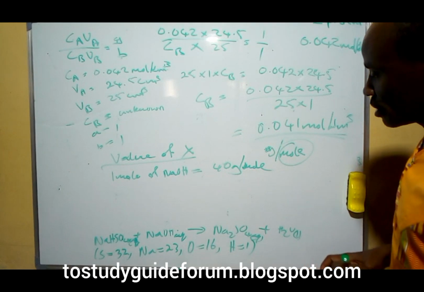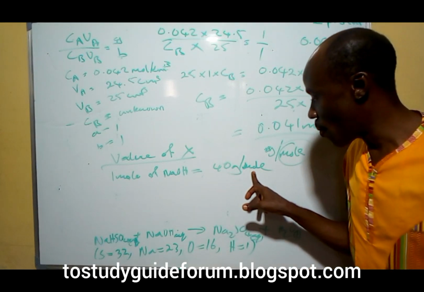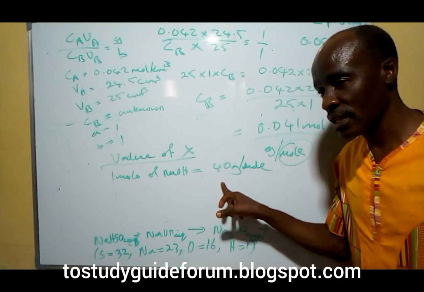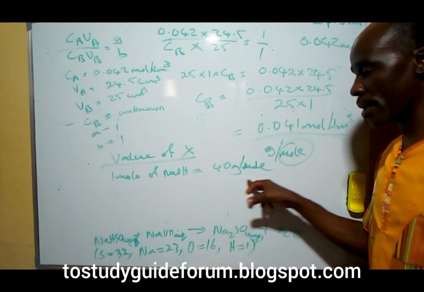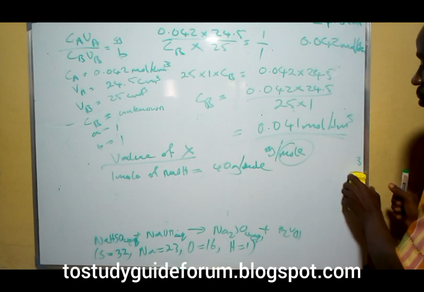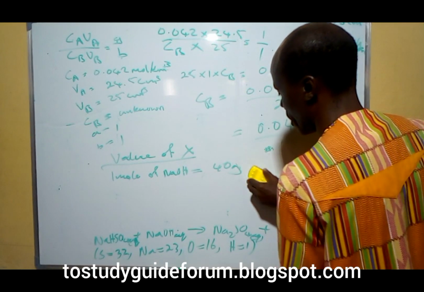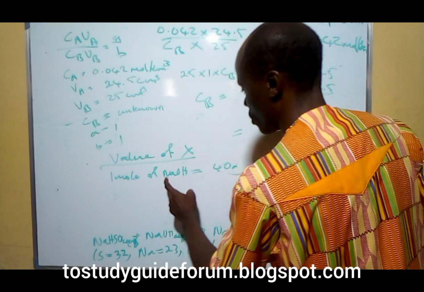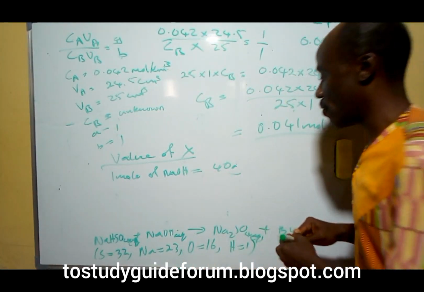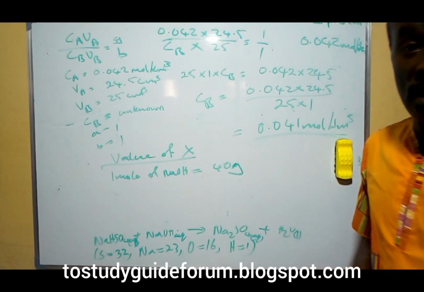That means in 1 mole we have 40 grams. I want us to keep that in mind anytime we do calculations based on that. So 1 mole of sodium hydroxide contains 40 grams. That's why we say it's gram per mole.